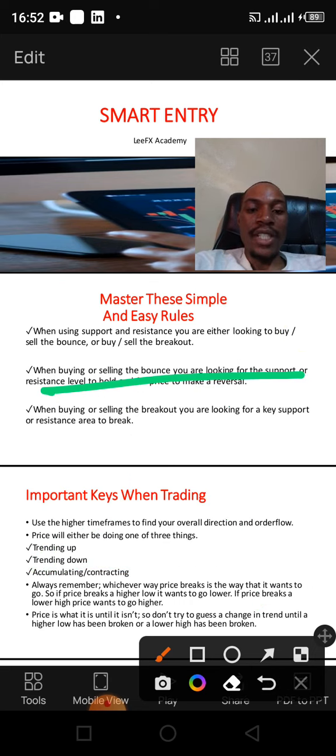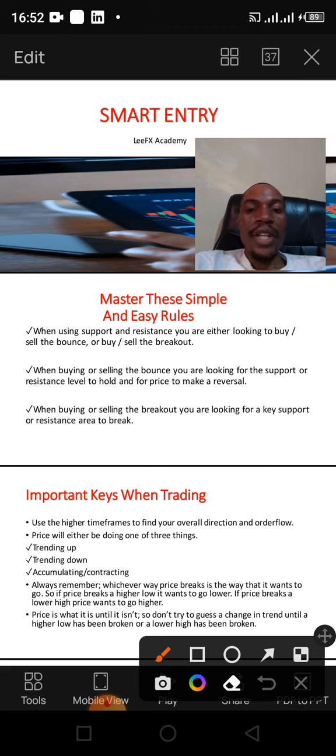So how many rules have we talked about? We have talked about 3 rules so far. 1, when you are using support and resistance, you are either looking to buy or sell the bounce, or buy and sell the breakout. Very important.